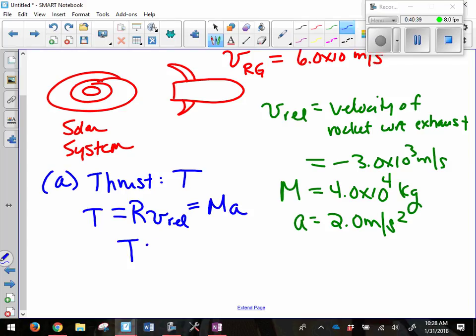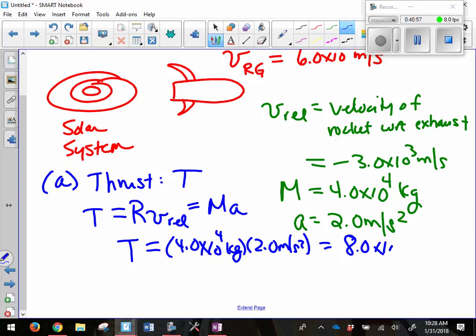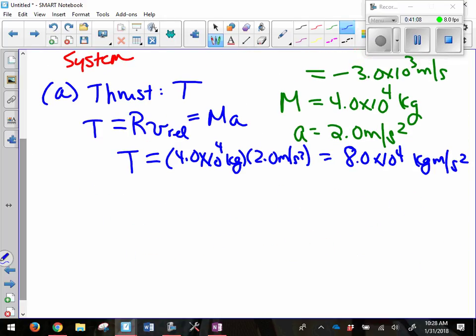Okay, so I can find the thrust another way using MA. 4 times 10 to the 4th kilograms times 2 meters per second squared. And what's that going to give me? Which I think is actually in Newtons, but I've never seen thrust written that way. I'm pretty sure it's in Newtons, but I don't think it's a unit that we use for thrust. Okay. Everybody with me?